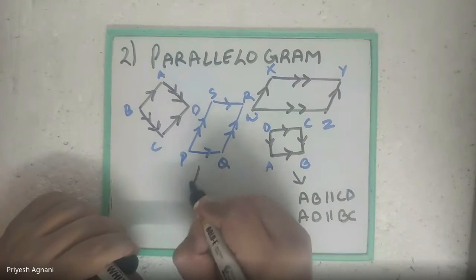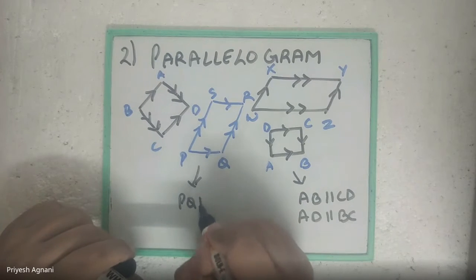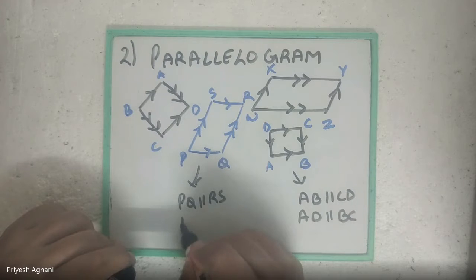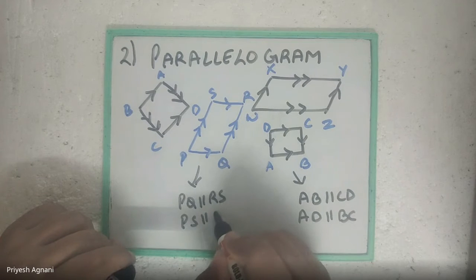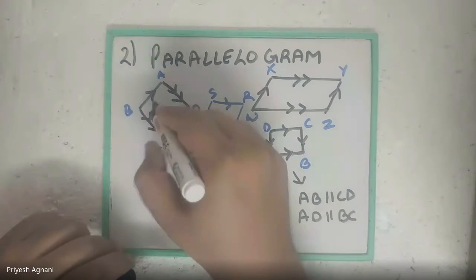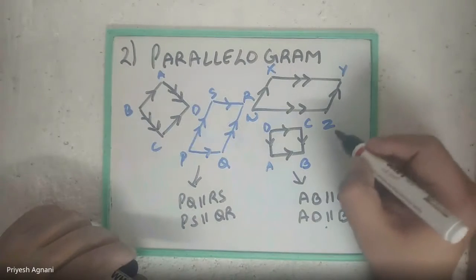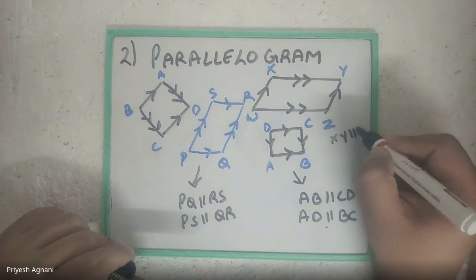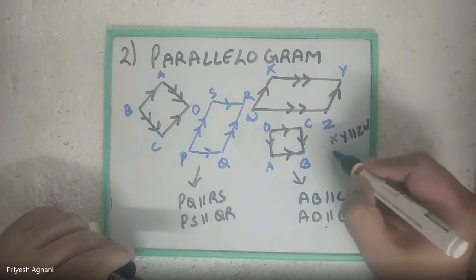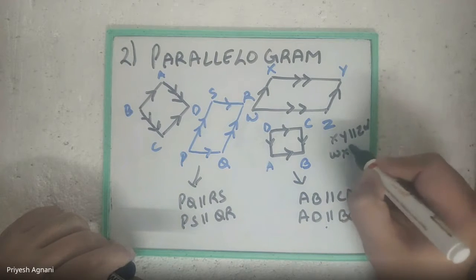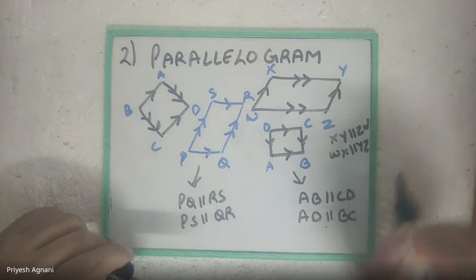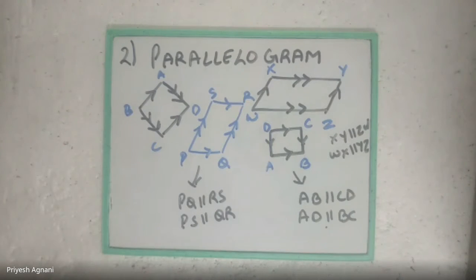Here PQ is parallel to RS and PS is parallel to QR. Here XY is parallel to ZW and WX is parallel to YZ. I hope it is pretty clear to everyone. Please write it down. This is known as a parallelogram.